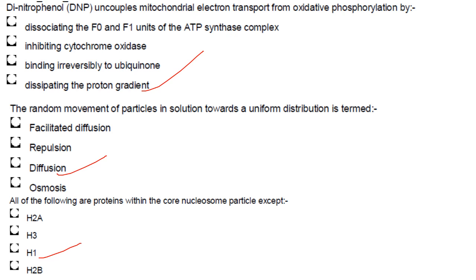All of the following are proteins within the core nucleosome particle except. Now nucleosome is the fundamental subunit of a chromatin and it is composed of little less than 2 turns of the DNA wrapped around a set of 8 proteins called histones, which are known as histone octamer.